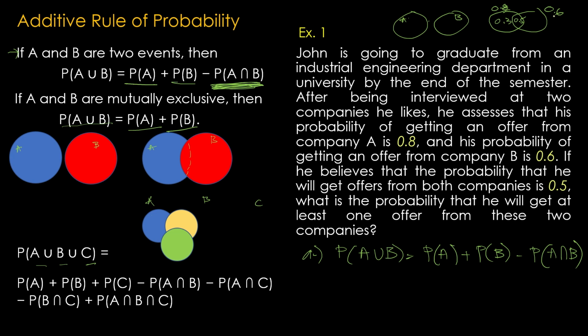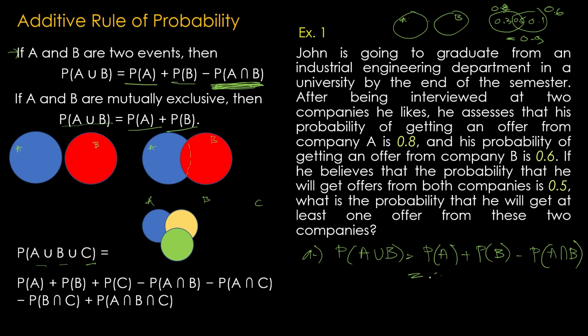That would be 0.6 minus 0.5, which is 0.1. So what do we do? We just add the probability of event B plus 0.3. That would be 0.6 plus 0.3 if we're using a Venn diagram, which is 0.9.